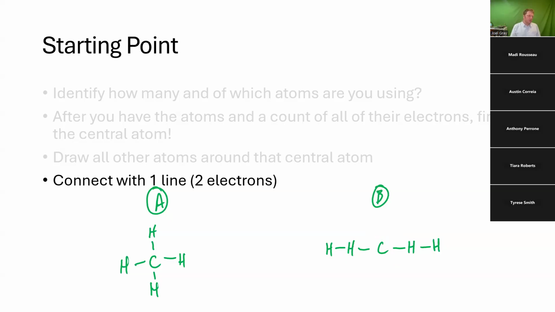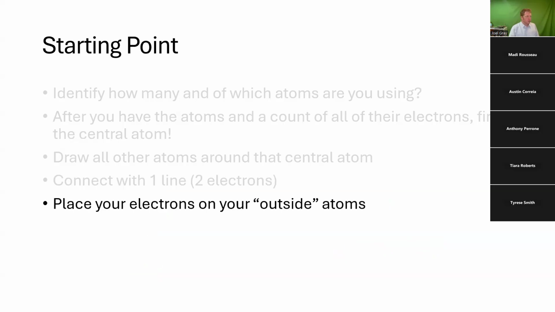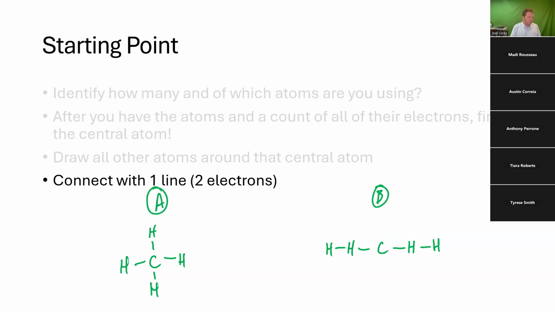What you could do is look at it and say, let's go on to the next slide. Or not, sorry, I got ahead of myself there. This carbon only has four electrons. Well, what if I put one, two, three, four, two lone pairs of electrons on there? How many electrons does this carbon have now? Eight.